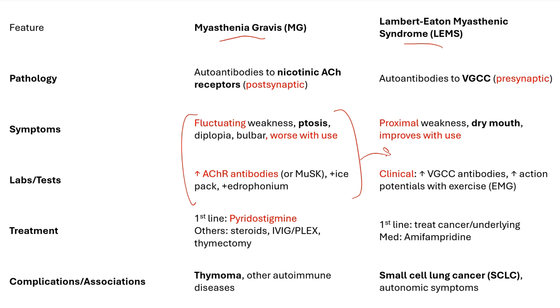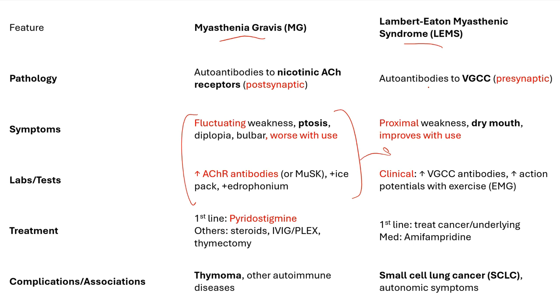Example, EMG for myasthenia is going to get worse or decrease amplitude with use. EMG for Lambert-Eaton is going to get improved or increase amplitude with use. MG is going to have muscle weakness worse with use. Lambert-Eaton syndrome is going to have muscle weakness improved with use. They are opposites in that sense. This is just to simplify things.